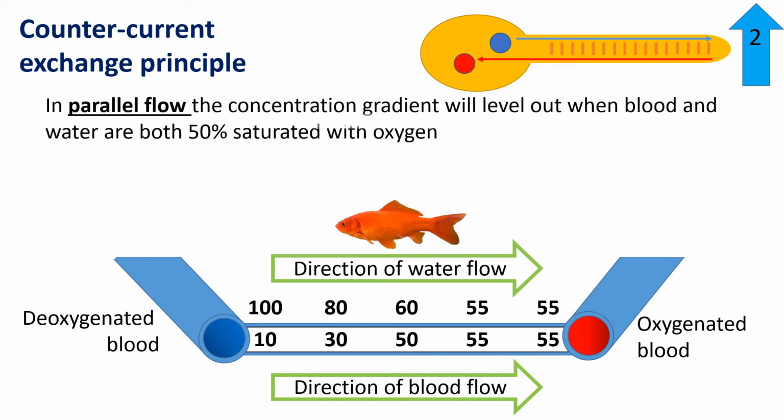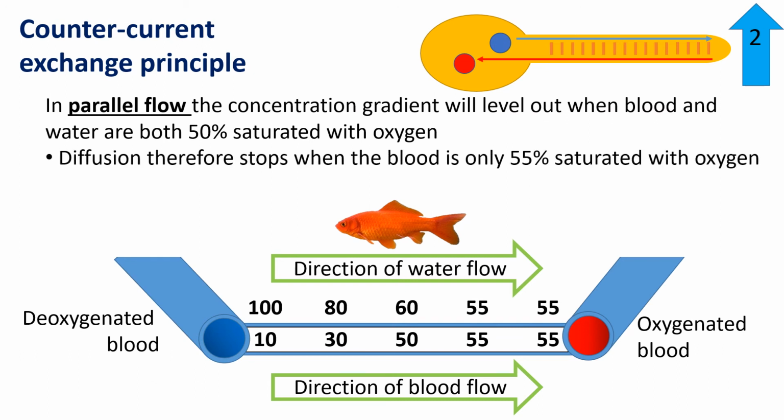As a consequence, what happens is that we only end up with about 50% of the saturation of the blood. There's a lot more space for a lot more oxygen, but because of the concentration gradient, that oxygen will not move into the blood capillaries. So while initially we had a huge difference in our concentration gradient and we had a fast rate of diffusion, we actually have lost out overall because the oxygenated blood is nowhere near capacity.